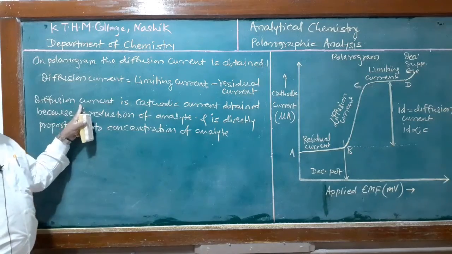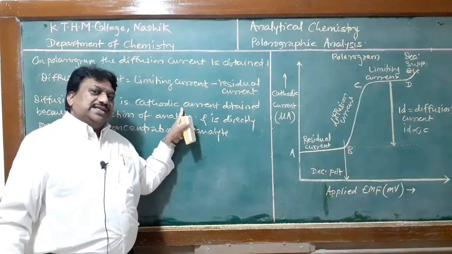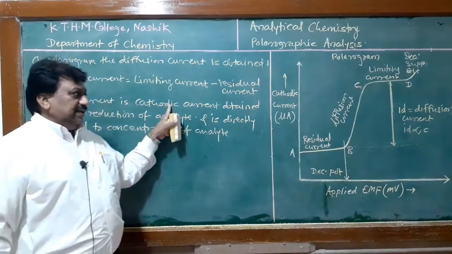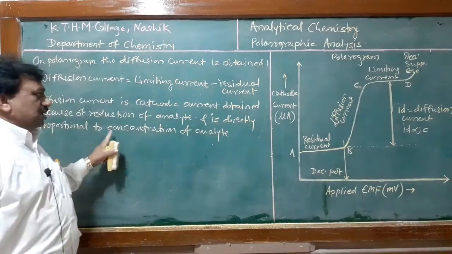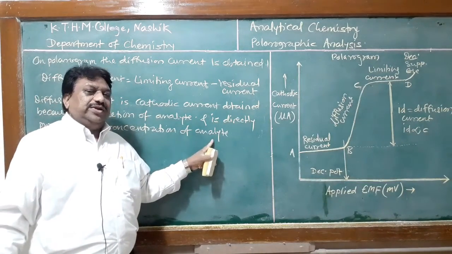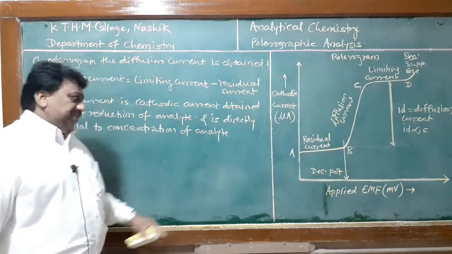Actually, diffusion current is obtained because of the reduction of analyte, and therefore it is called the cathodic current. As this cathodic current is directly proportional to the concentration of analyte, we can utilize this cathodic current or diffusion current for determination of analyte by using the Ilkovic equation.